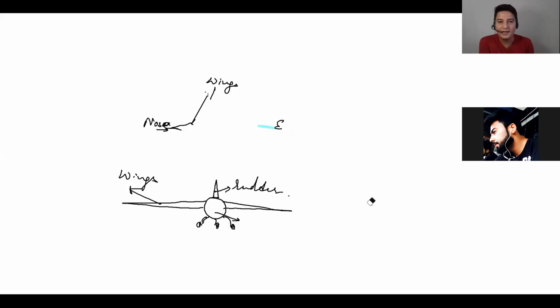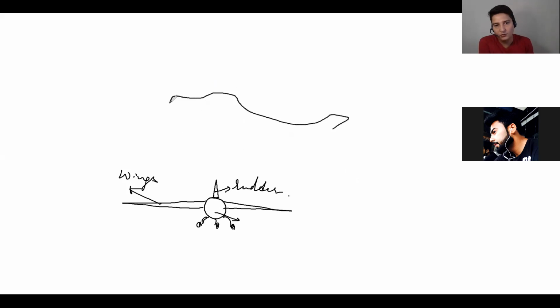And then there is a side view. I'll just show you how I draw a side view. This is the side view of an aircraft, which I always will draw. I'll draw it like this, and probably I'll draw the wings like this. So these parts are the wings. This is the rudder.